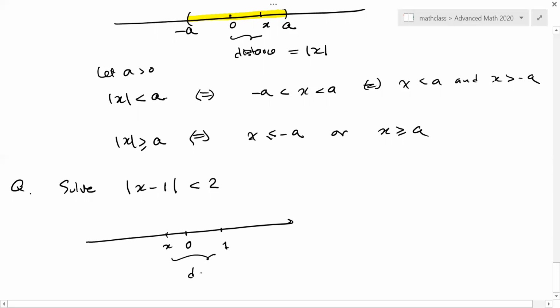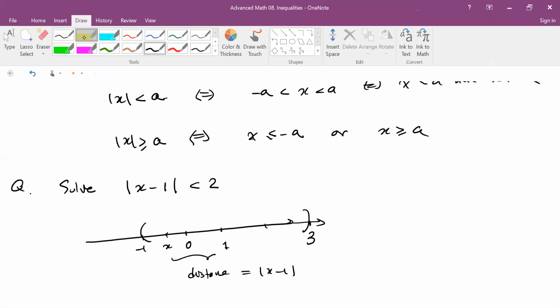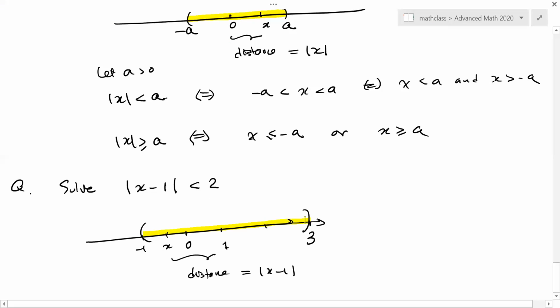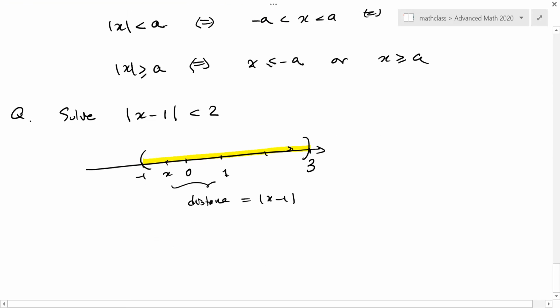So the distance should be less than 2. That means starting from negative 2, 1, you can show the picture. All the points in this interval will be the solution if you use a geometry picture.